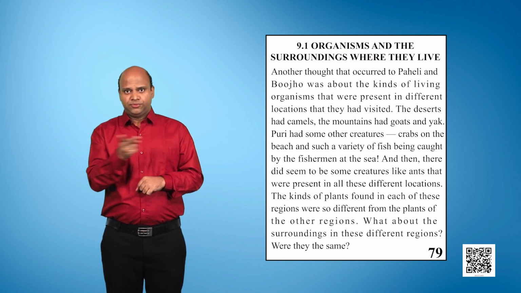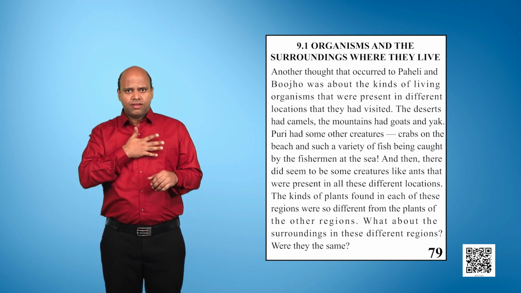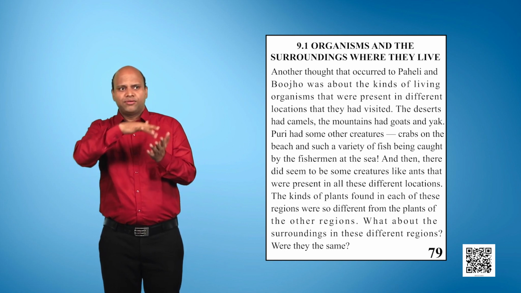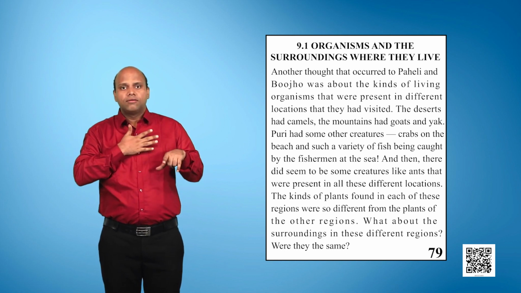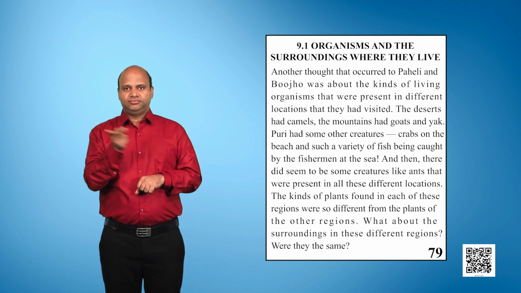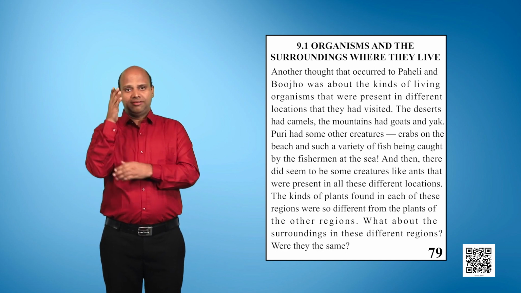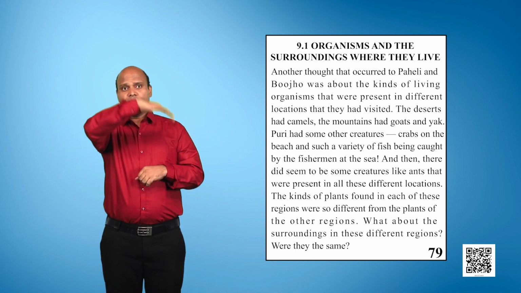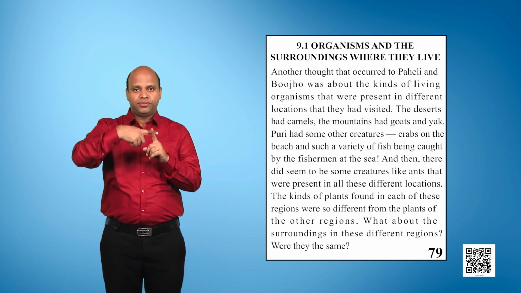Another thought that occurred to Paheli and Bujo was about the kinds of living organisms that were present in different locations that they had visited. The deserts had camels. The mountains had goats and yak.